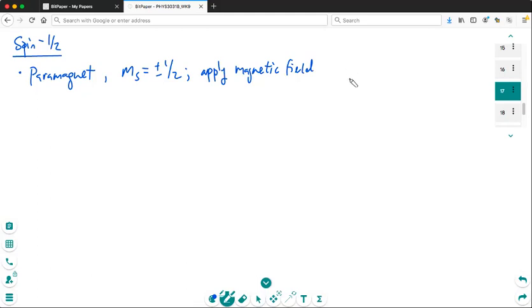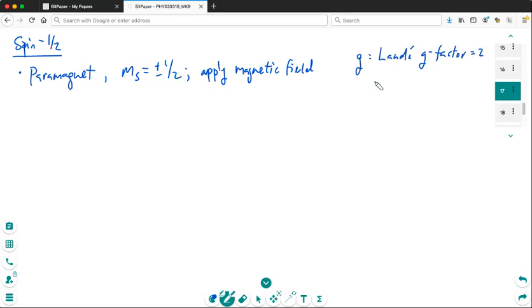Suppose your particles, let's not say too much about what kind of angular momentum. Suppose you have a g factor. This is not degeneracy, so this is the Landé g factor. Let's take it to be 2.